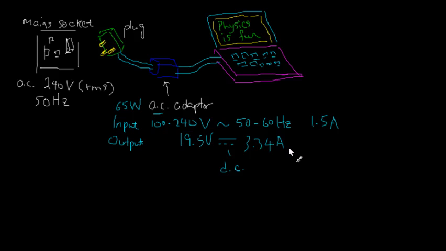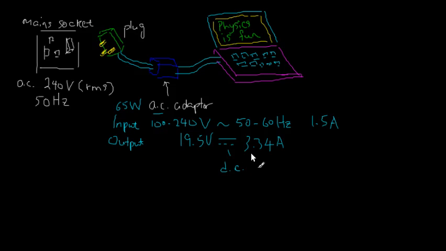Now, you understand that this kind of figures, this kind of numbers, refers to a rating, which means that it doesn't. I think it has to give 19.5 volts. I think that's fixed by the design, but it probably doesn't have to give exactly this amount of current. For example, if I unplug it from the laptop or whatever device, the voltage should still be there, but there would be no current flowing, obviously.